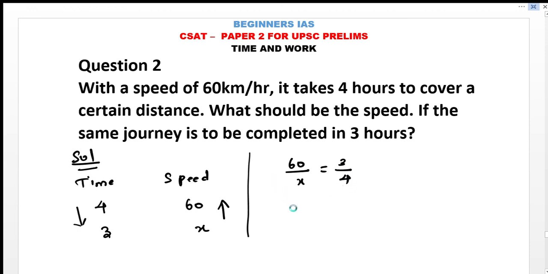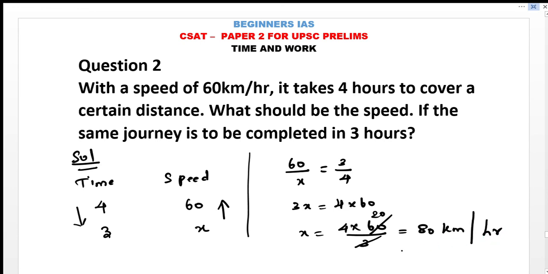Simply cross multiplying, 3x is equal to 4 into 60, so x is equal to 4 into 60 divided by 3. Simplifying the 20, this is equal to 4 into 20, which is 80 kilometers per hour. So he has to increase the speed to reach the same distance within 3 hours.